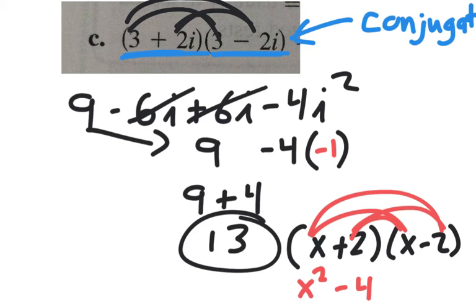Yeah, very good. Those are conjugates. If they look like they factor as a difference of perfect squares, then we call those two factors conjugates of each other. Well, what's so cool about when I multiply conjugates? The imaginary part is gone.